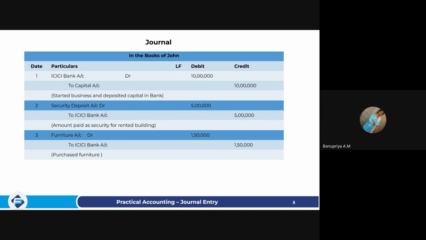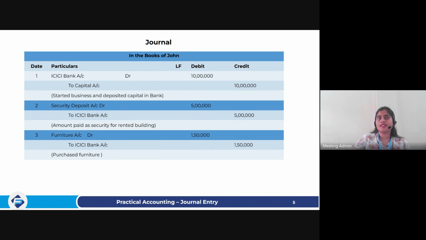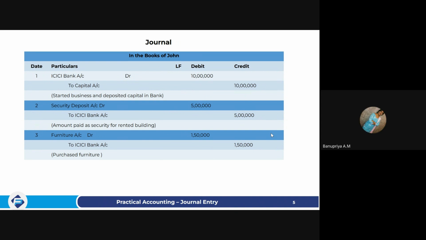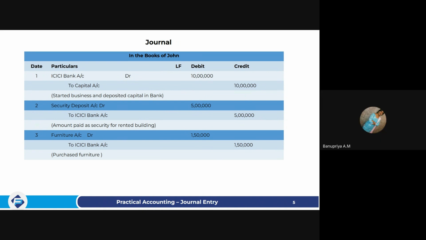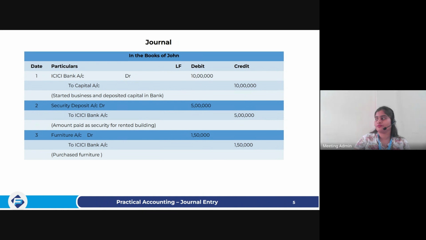LF is ledger folio, which ledger it belongs to, first ledger, second ledger. We won't follow this ledger folio. Just leave that, debit as well as credit. Done? Okay. I will take the screenshot.